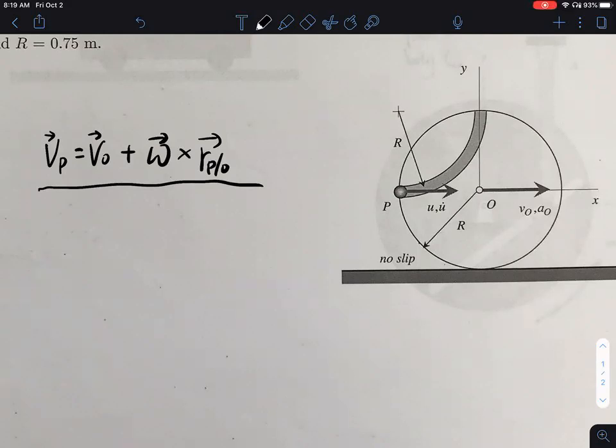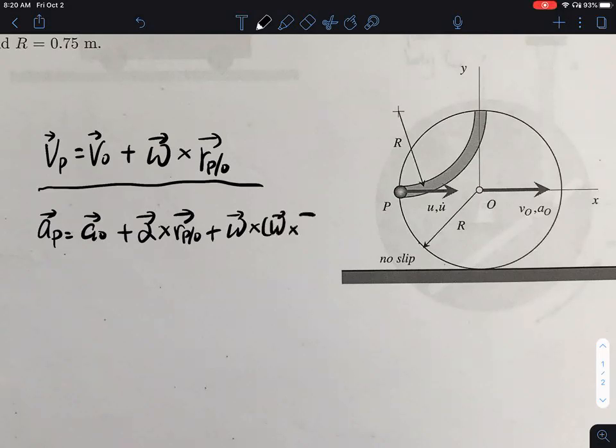I want you to take a minute to think about that. So like, we write another equation. Or can you use those two equations for this problem?